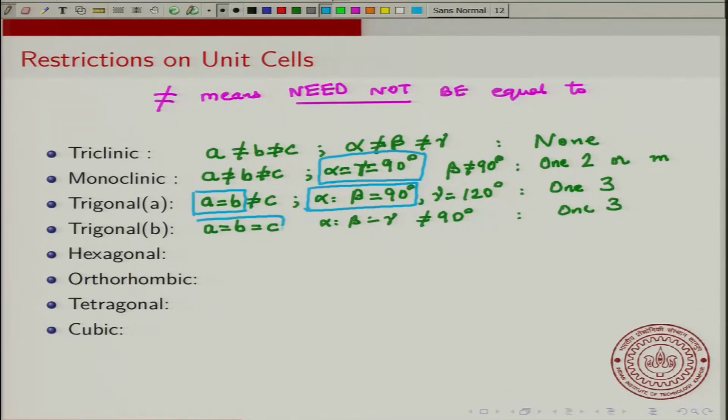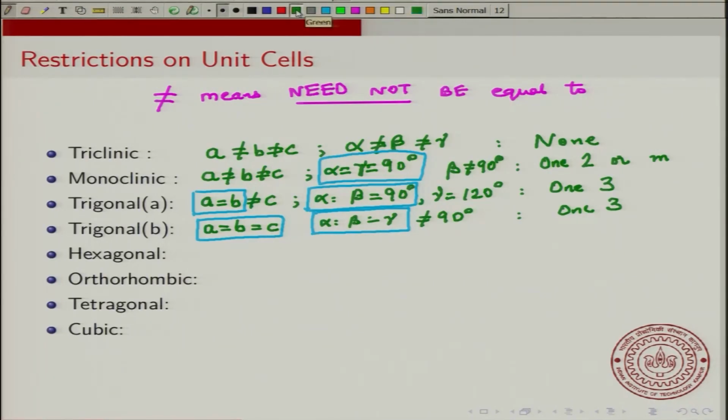So the restriction on the unit cell parameters is that A, B, C should be the same, alpha, beta, gamma should be the same. That is the restriction on the unit cell parameters. Okay, and the essential symmetry is that it should have one 3-fold axis. Okay, what about the hexagonal?